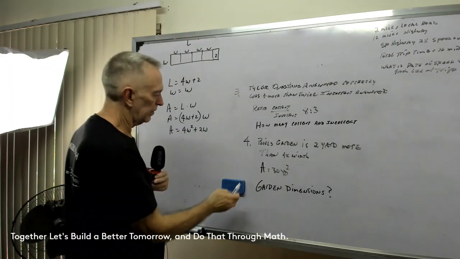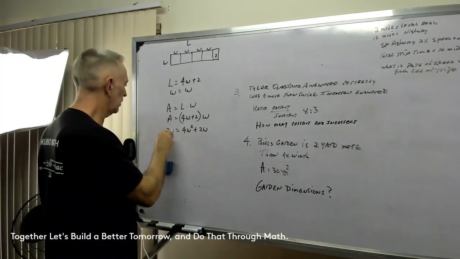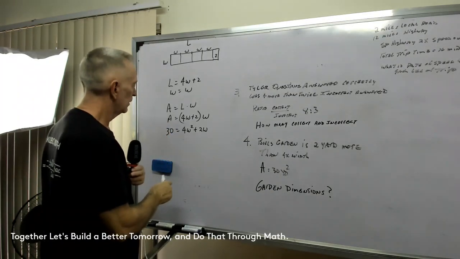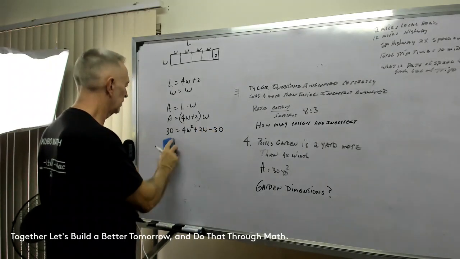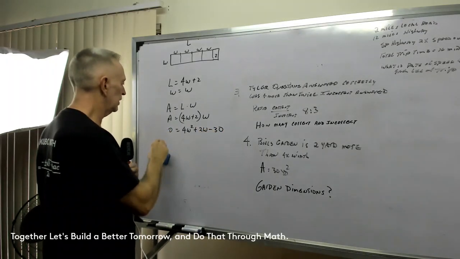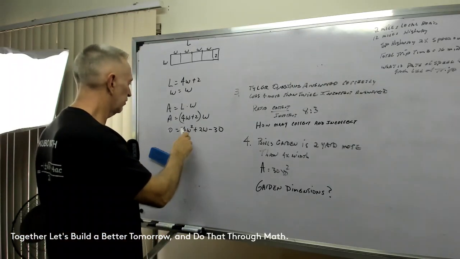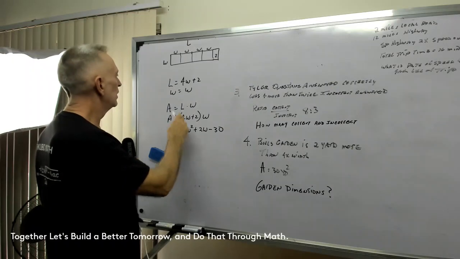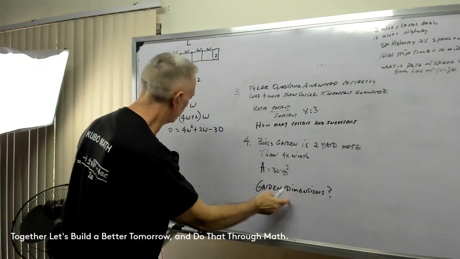Well, the area they said was 30 square yards, so it was 30. So if I subtract 30 from both sides, that equals 0. Uh-oh, now we need to factor again. We're trying to solve for W and ultimately get length so we can get the dimensions of the garden.